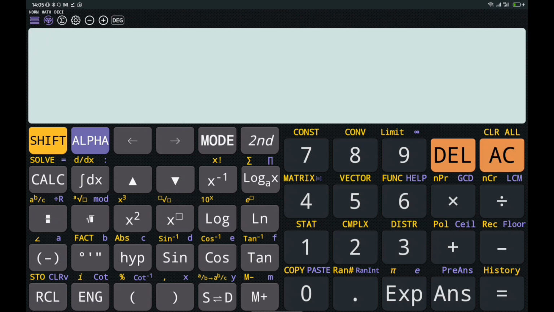Let me use 4 to the power 4, that is 256, too much. So let me try 2 to the power 7. When we use 2 to the power 7, we get 128, which is the perfect one. So I'm going to change it to 2 to the power 7.